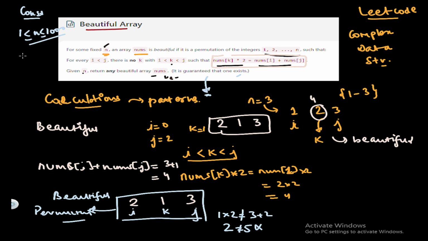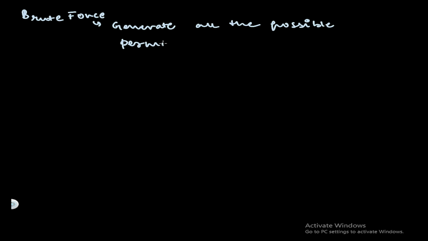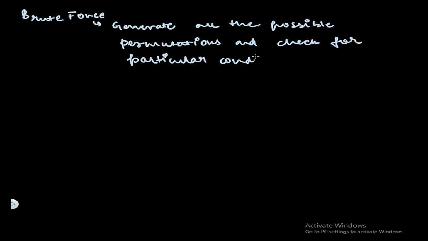Now whenever you see this kind of question, the first brute force method that comes to your mind is to generate all the possible permutations and check the particular condition for every i, j, which is that nums[k] * 2 should not be equal to nums[i] + nums[j] for every permutation.